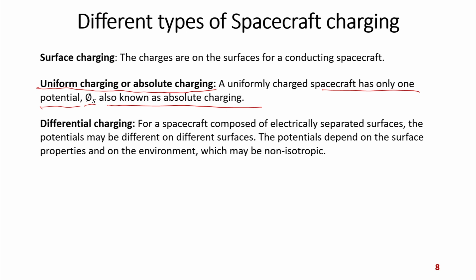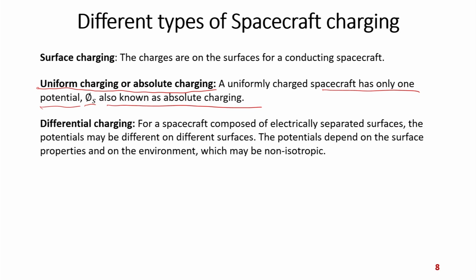Since the different bodies have different geometry and different material, there is the possibility that different parts can acquire different potential. Suppose two bodies are not electrically connected, they are isolated. So, isolated bodies on the spacecraft connected by a dielectric can acquire different potential.